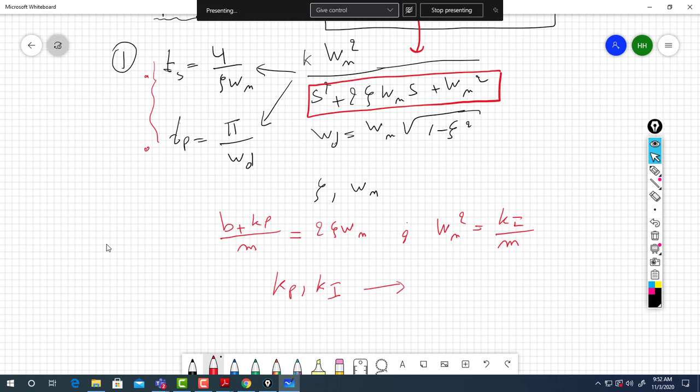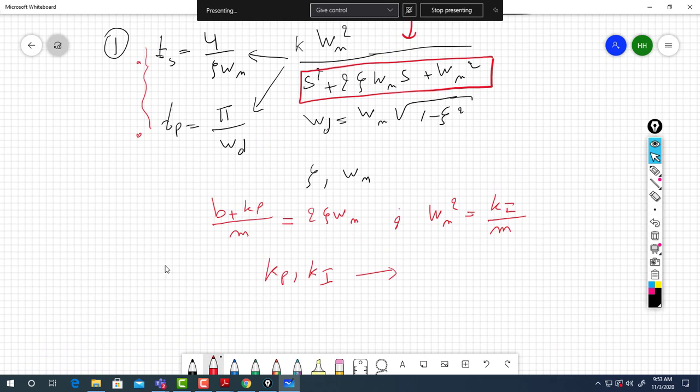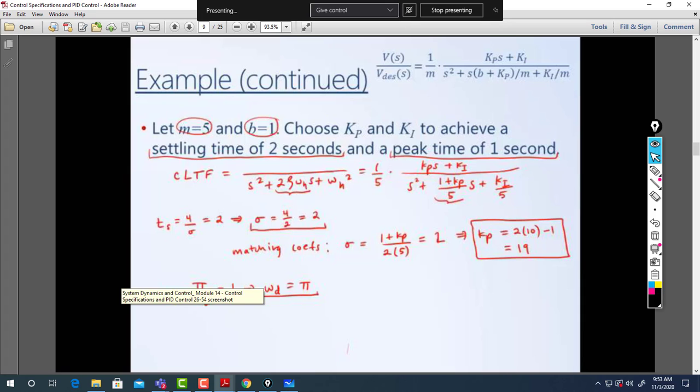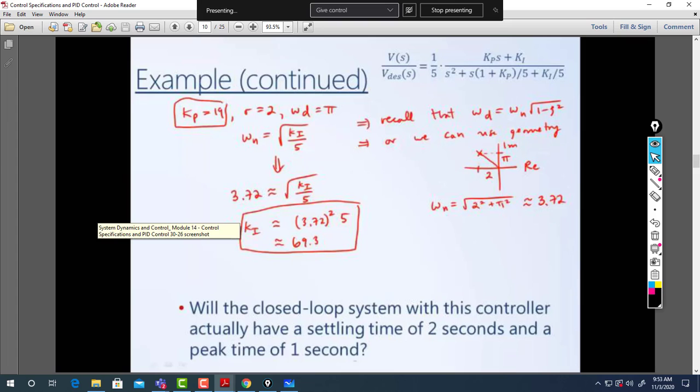If your system is non-canonical, you can still compare with a canonical system. But in general, for an easy system, a first or second order canonical system, comparison will give you the exact value. Any question regarding what I'm saying? Any question?